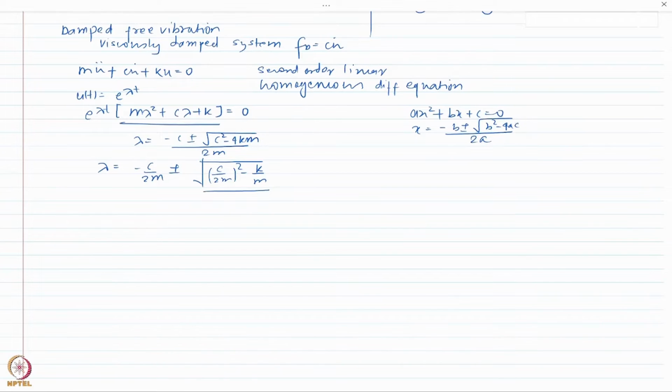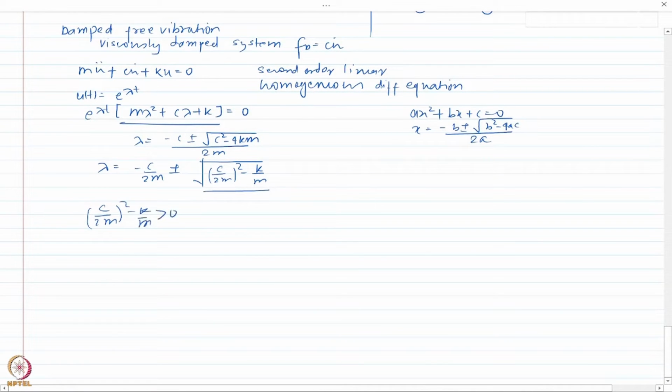So let us consider the first case, in which the term within that square root sign is greater than 0. What I'm saying here is that this term is greater than 0.